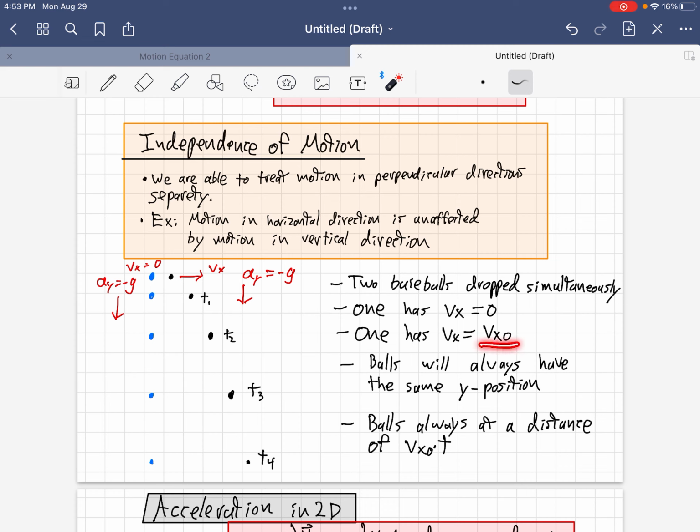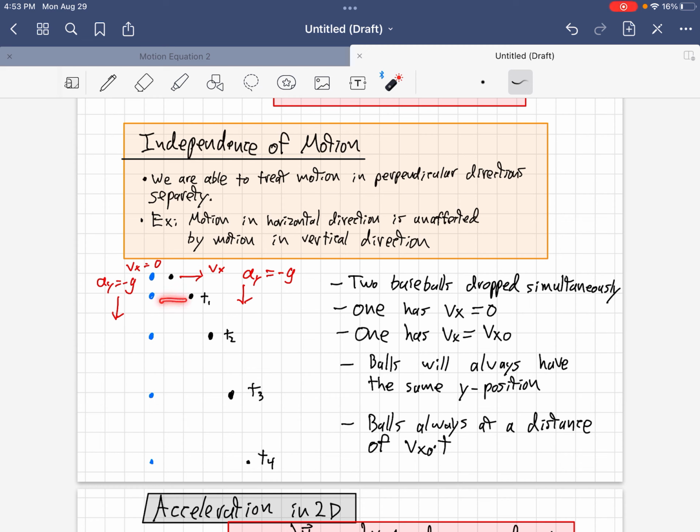And it's going to keep that velocity throughout because we're going to say there isn't any acceleration in the x direction. However, they both are accelerating down from gravity in the y direction. So if you look, this is a snapshot: the blue ball is the stationary one, and the black one is the one that's moving, let's say 1 meter per second to the right initially.